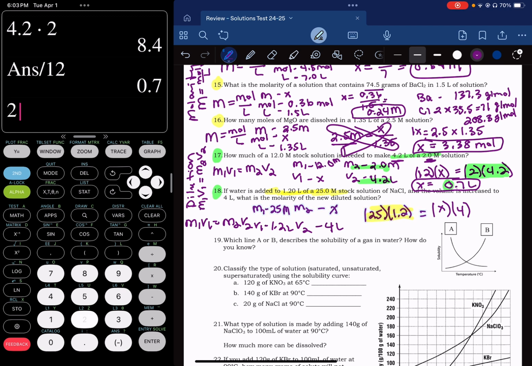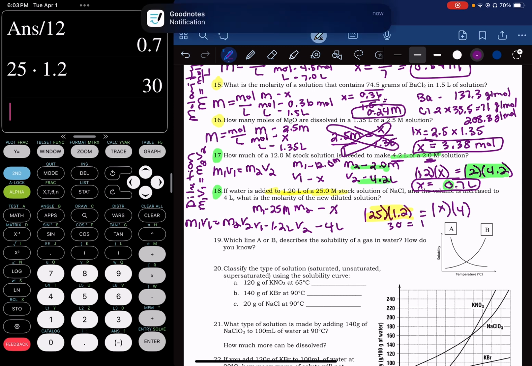And so I'm going to say 25 times 1.2, that's going to give me 30. All right, so 30 equals 4x. I'm just simplifying the equation a little bit. Whatever's next to the x, that's what we're going to use in terms of division. And so we divide both sides by that 4, which gets the x by itself.